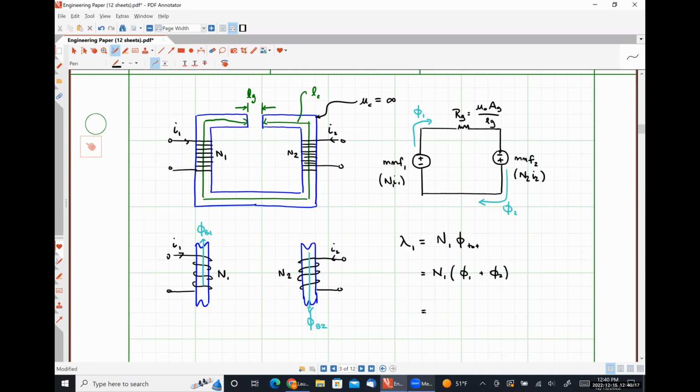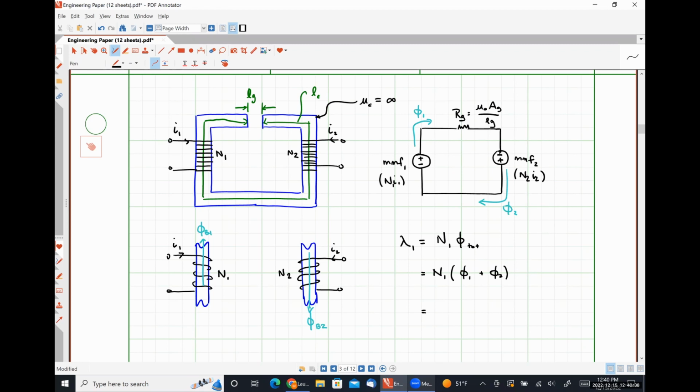So what is flux 1 going to be? Anybody have any thoughts on that or how we might figure it out? What if MMF2 were totally off?